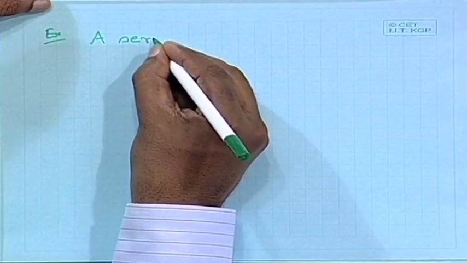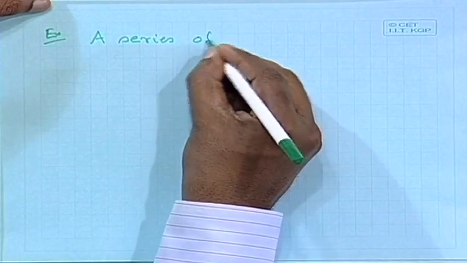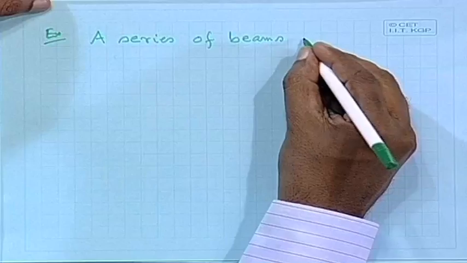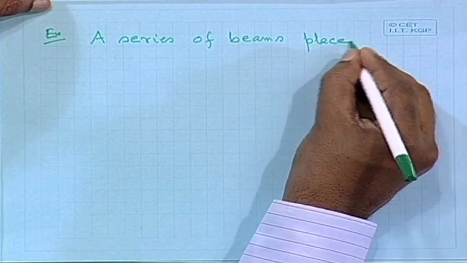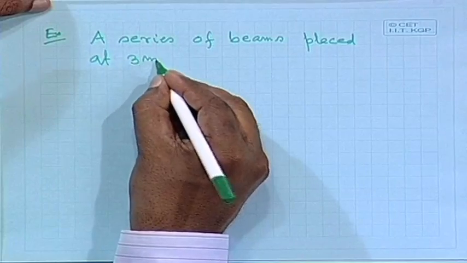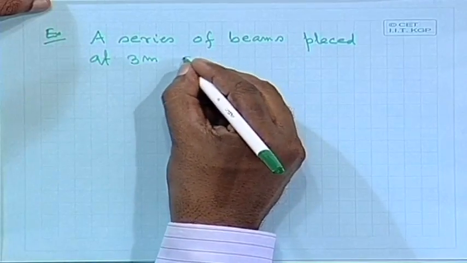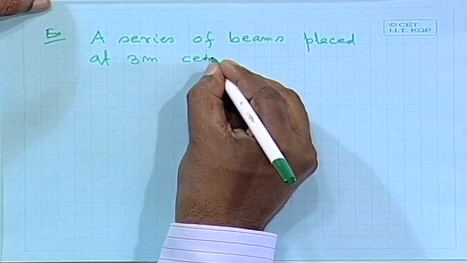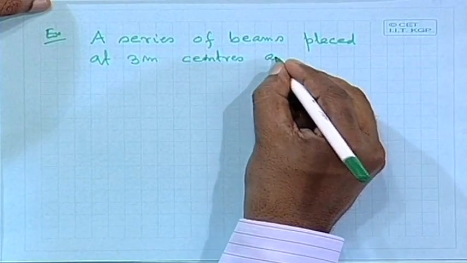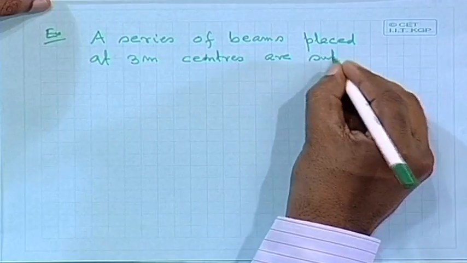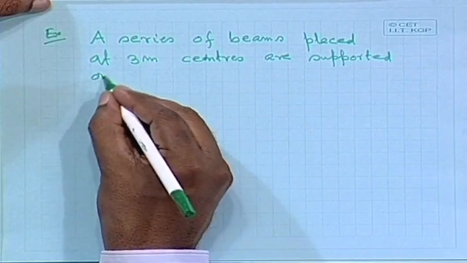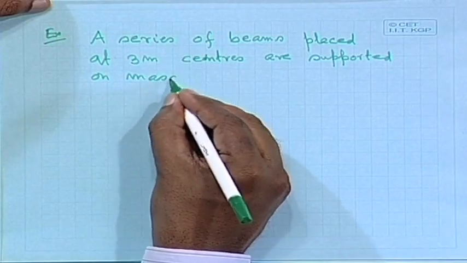A series of beams placed at 3 meter are supported on masonry walls.